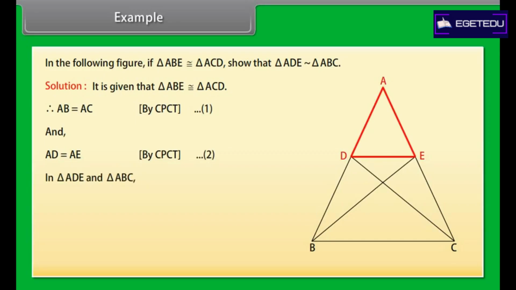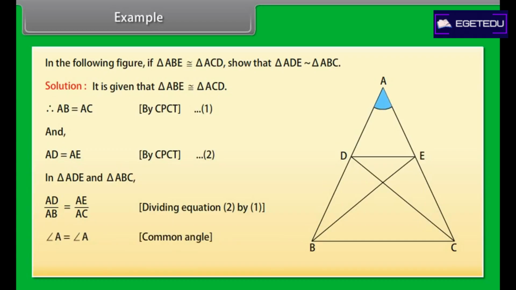In triangle ADE and triangle ABC, AD upon AB equals AE upon AC, dividing equation 2 by 1. Angle A is equal to angle A, common angle. Therefore, triangle ADE is similar to triangle ABC by SAS similarity criterion.